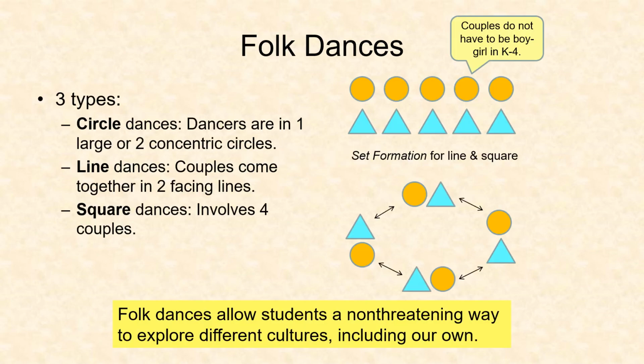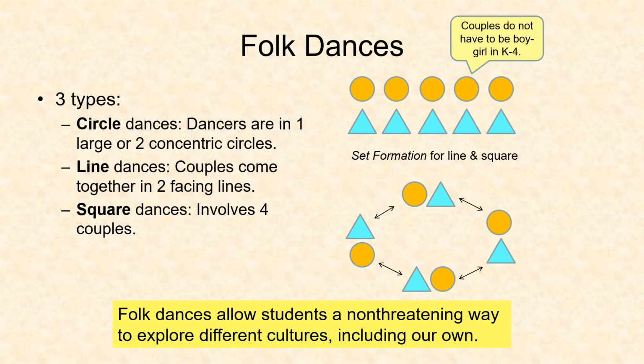The last type of dance we'll consider in this video is folk dance. There are three types of folk dances. We have circle dances, and as the name suggests, the dancers will be in a circle or maybe two concentric circles.